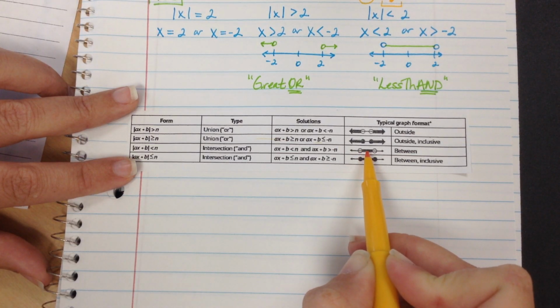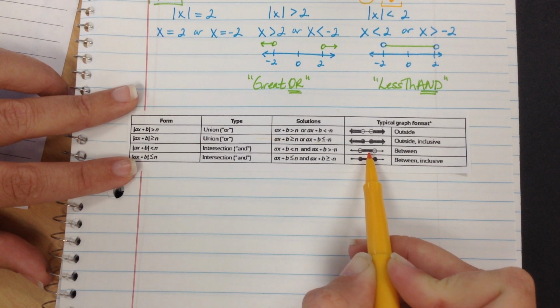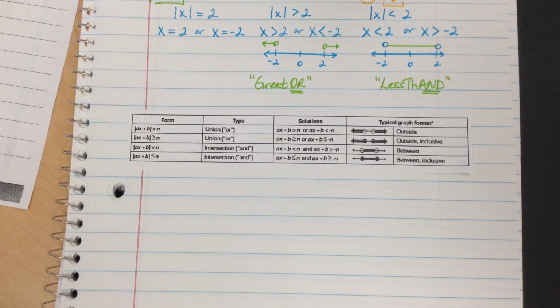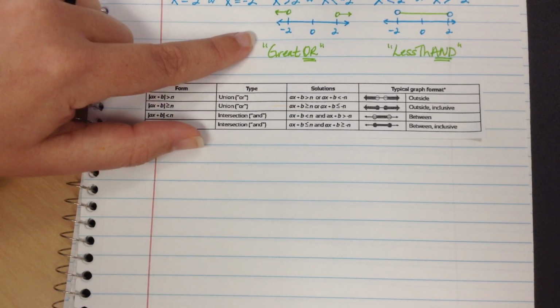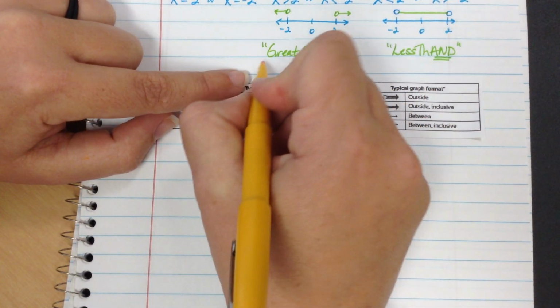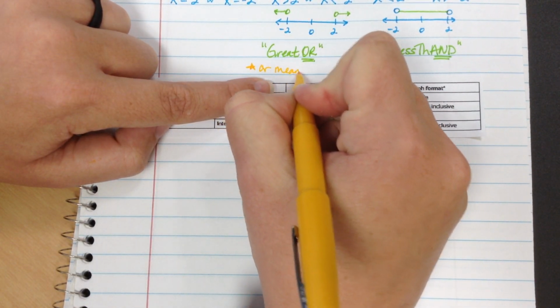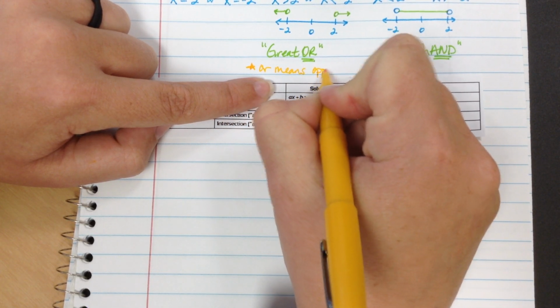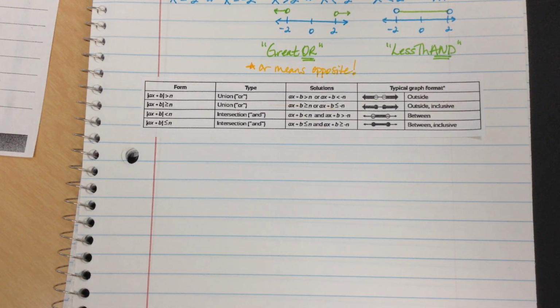So whenever you see the word "and," your graph is connected on the inside. On the greater, I want you to also make yourself a note that says "or means opposite." Or means opposite.